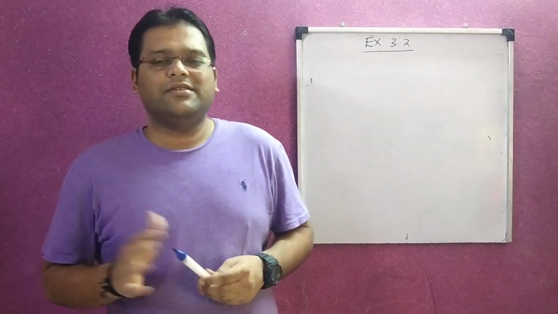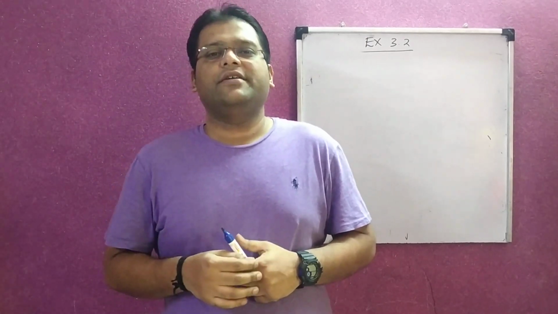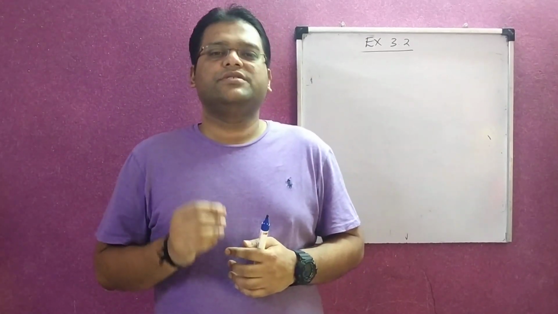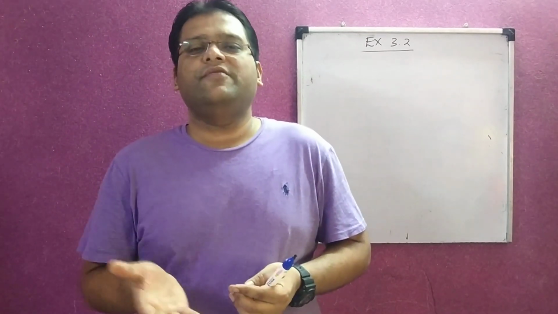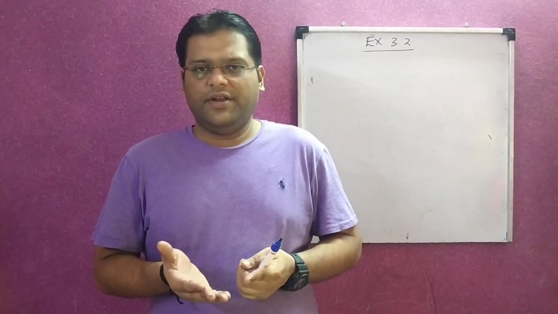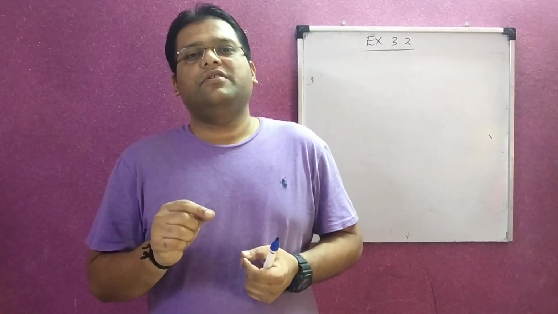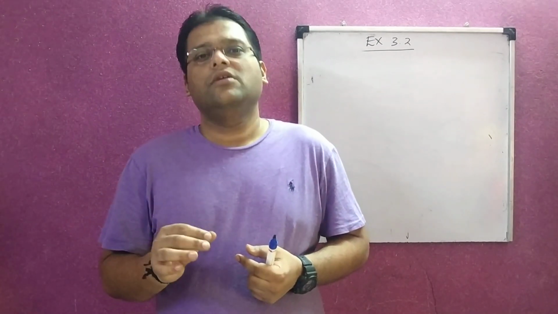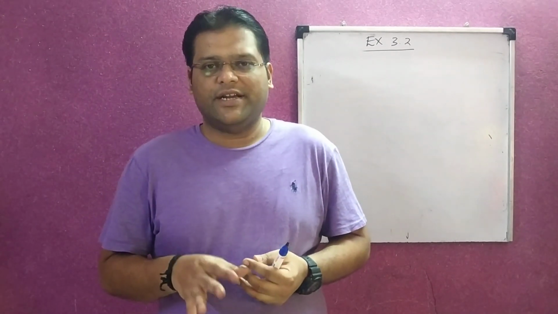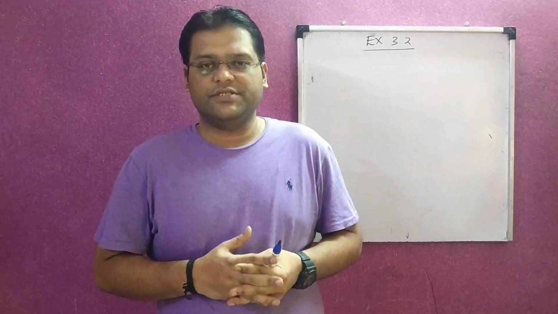Now, normally in mathematics, with respect to chapter number 3, we can say that the pair of lines which give any solution, may it be 1 or may it be infinite, will be referred to as consistent equations. While those which don't give any solution, that is the parallel lines, will be considered as inconsistent equations.